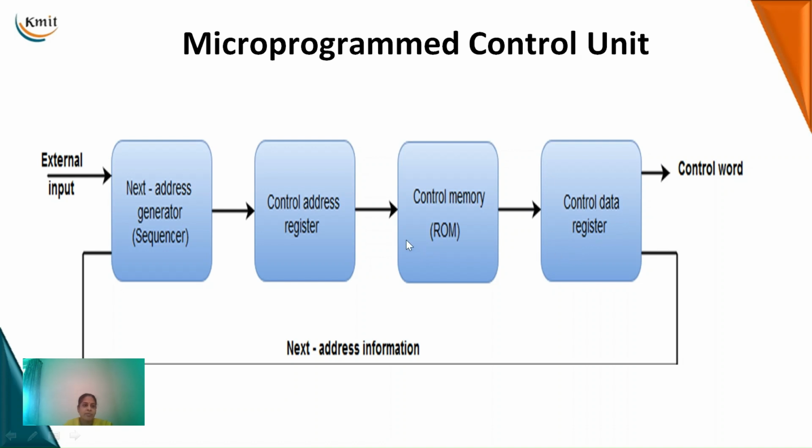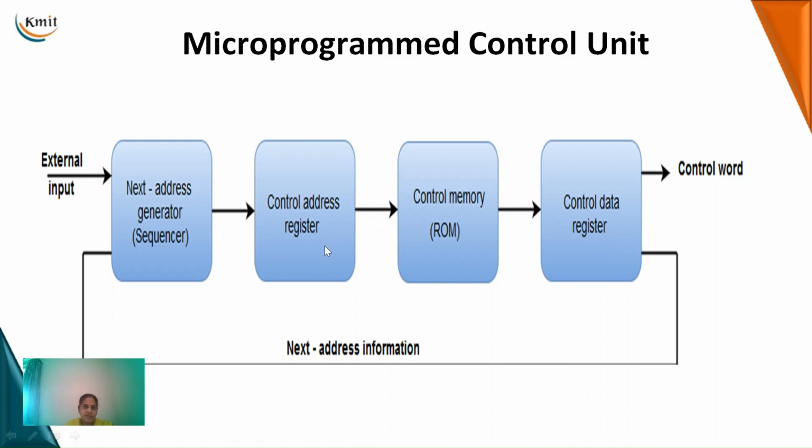The control address register specifies the address of the micro instruction that needs to be executed. And the control memory is assumed to be ROM, read-only memory, within which all the control information is permanently stored here. And the control data register holds the micro instruction fetched from the memory.